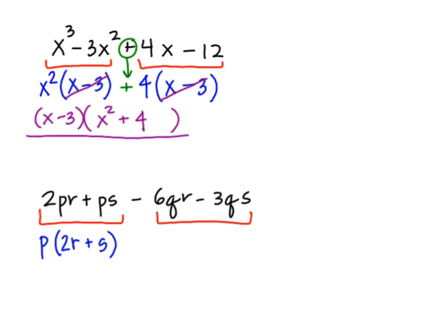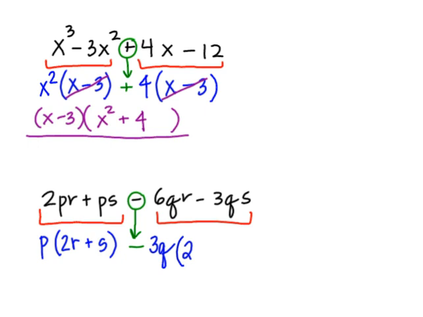In the second group, what they have in common is they have the number 3 in common, and they also have a q. But I have to be really careful with the sign. So my third sign starts with a negative, so I'm actually going to take out a negative 3q. So if I take out the negative, that leaves me a positive left behind, and 3 times 2 would give me 6.